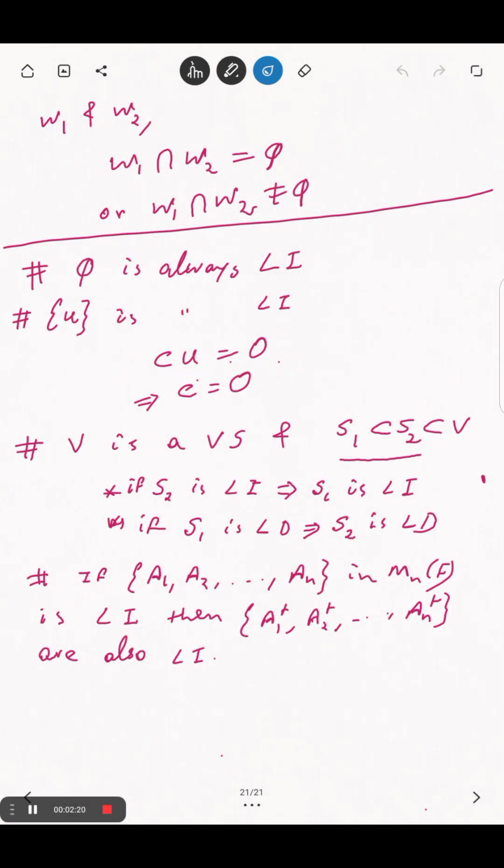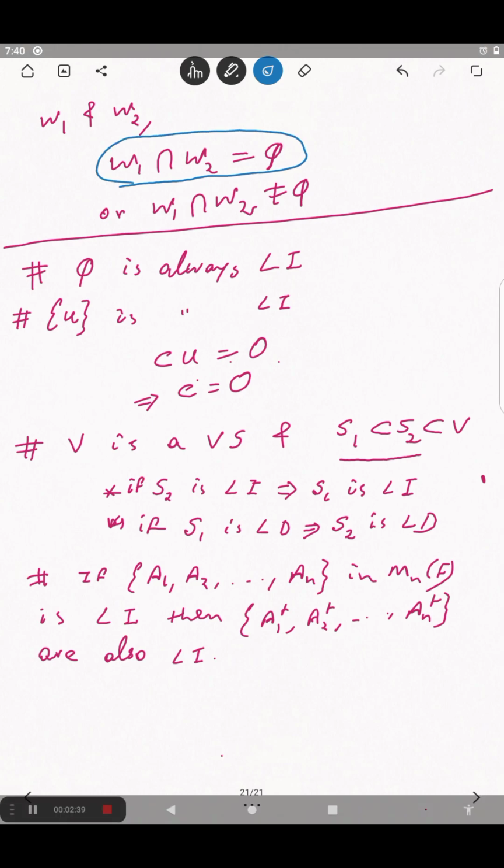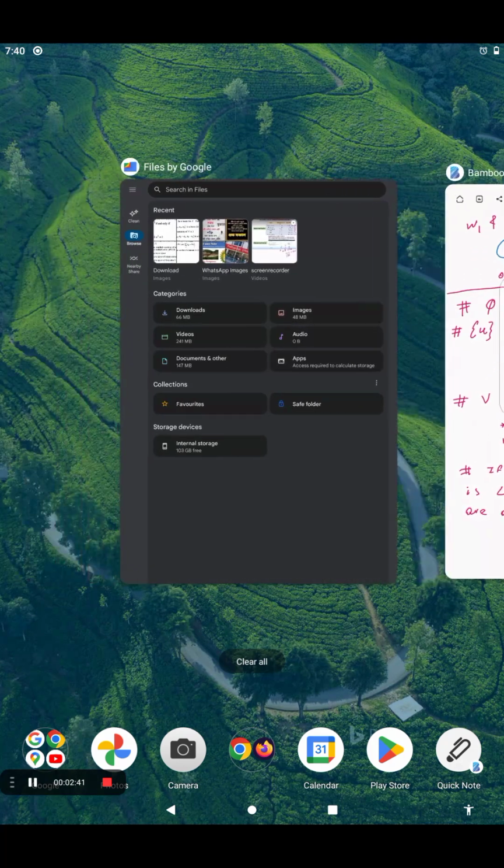Now, what will happen between two subspaces? Maybe they are disjoint, or maybe they have some common elements. Okay, what will happen if they are disjoint? Let's check that.